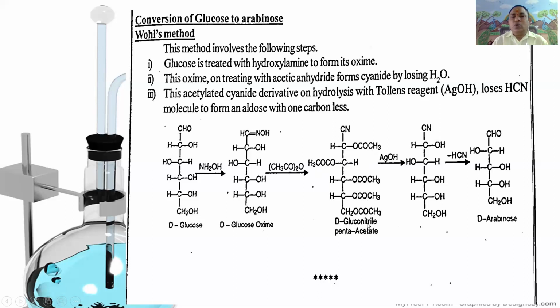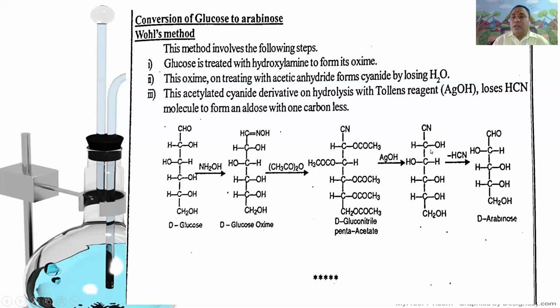It is called D-gluconitrile pentaacetate, which upon treatment with Tollens reagent of silver hydroxide undergoes hydrolysis of the acetyl derivatives to give hydroxy compounds, that is D-gluconitrile: CN, CHOH, CO HH, CHOH, CHOH, CH2OH.